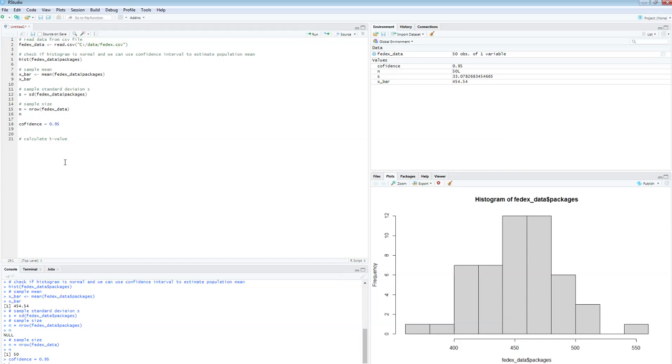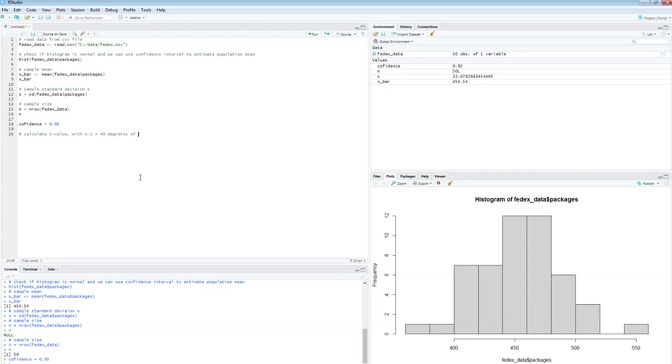All right. How many degrees of freedom do I use? Remember our discussion just recently. The number of degrees of freedom to use is always sample size minus 1, right? So with n minus 1, and we know that n is 50, that's 49 degrees of freedom.